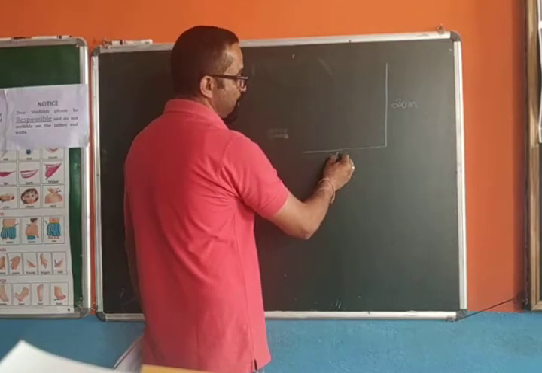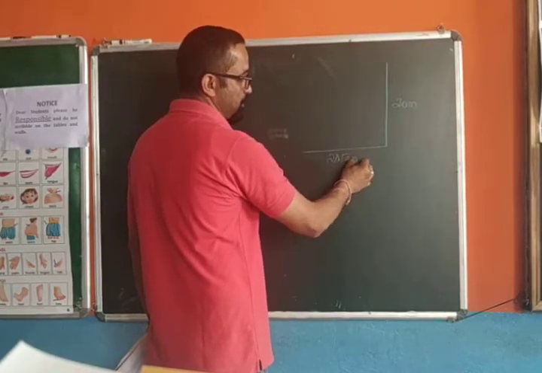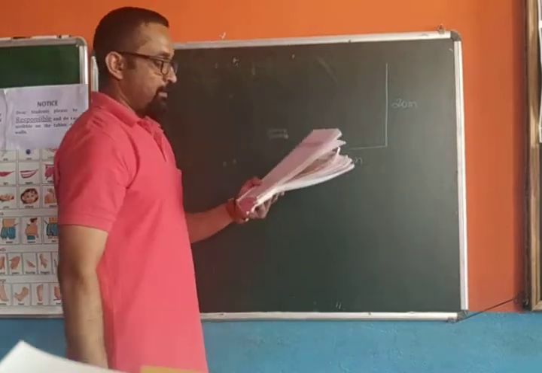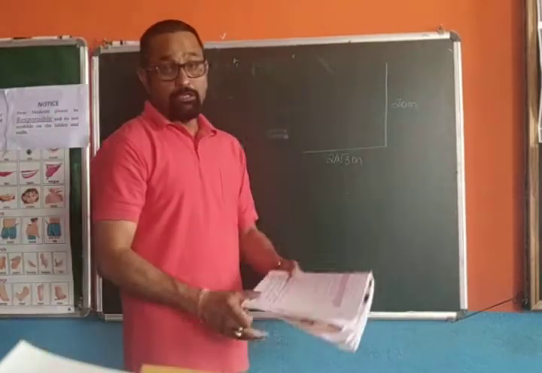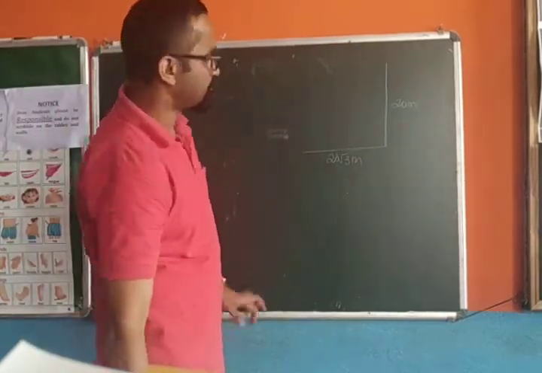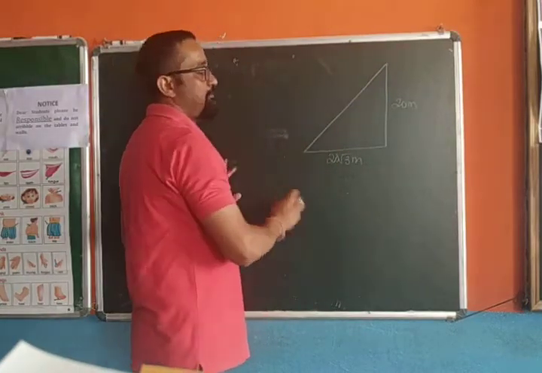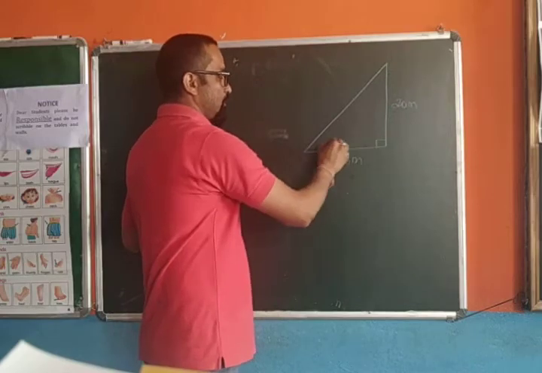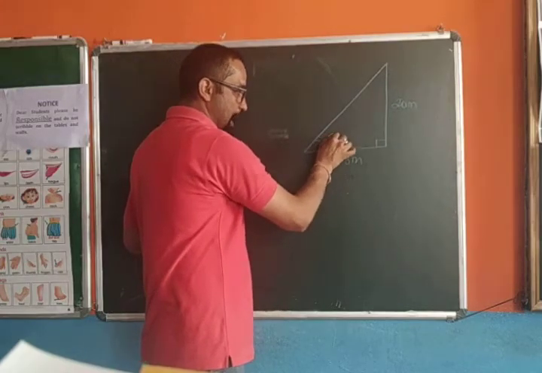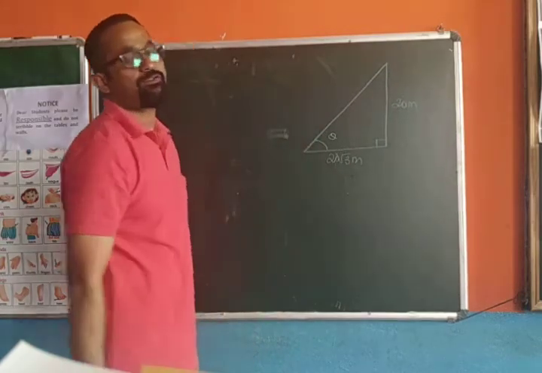It is 20√3 meter. Find the elevation of the sun. So we join it so that we get a right angle triangle. The question says calculate the angle of elevation theta.